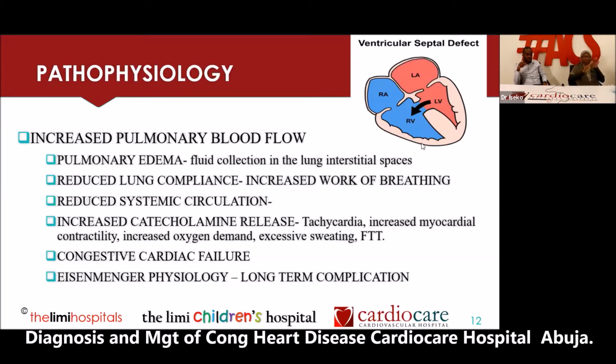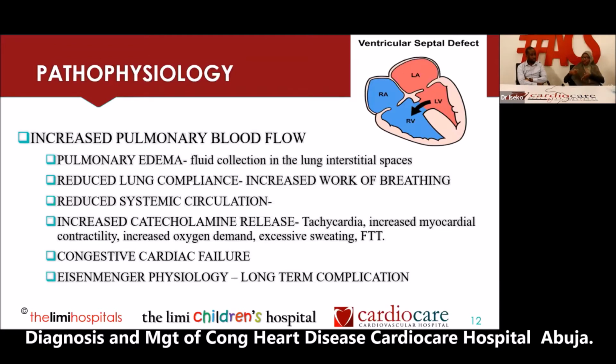In addition to whatever was originally coming to the right, there's also some volume from the left ventricle, all going to the pulmonary circulation. So the pulmonary bed is flooded. There is pulmonary edema. Because of this congestion, there is compromise of the lung compliance, and as such, the oxygenation capacity of the lungs is reduced, and this would cause increased work of breathing in the child, which we could see as some form of respiratory distress.